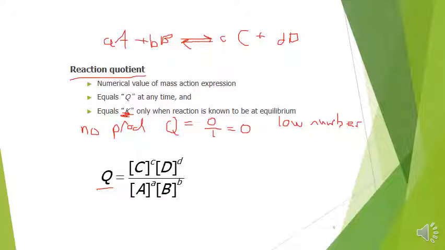So if your product is low compared to its equilibrium value, Q will be less than K. All right, if there's not enough product.